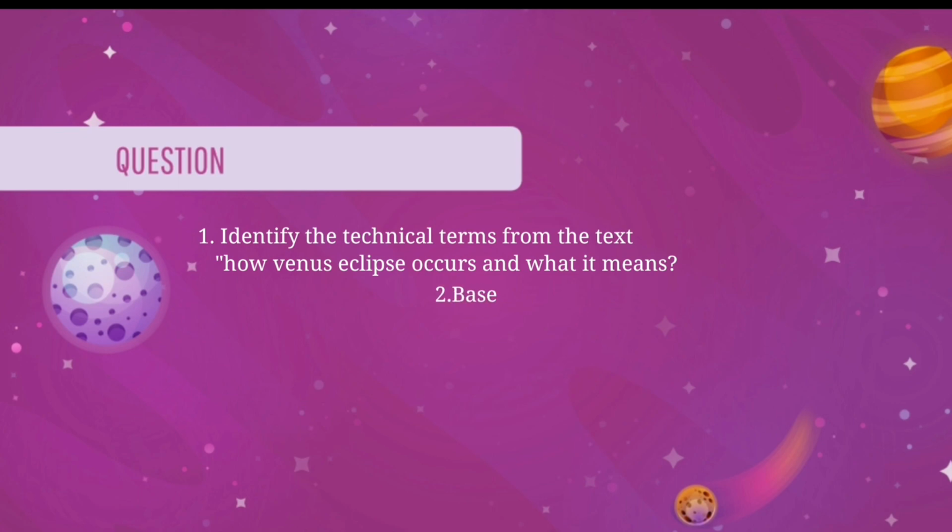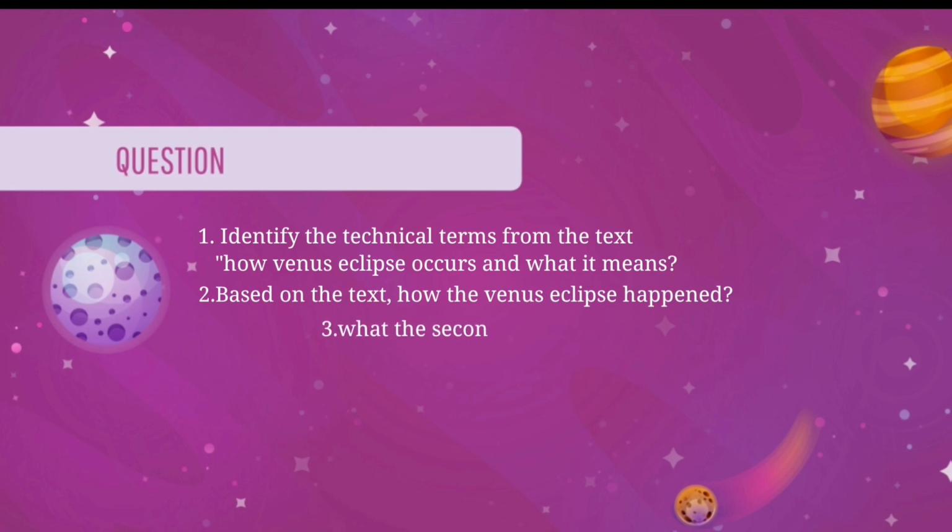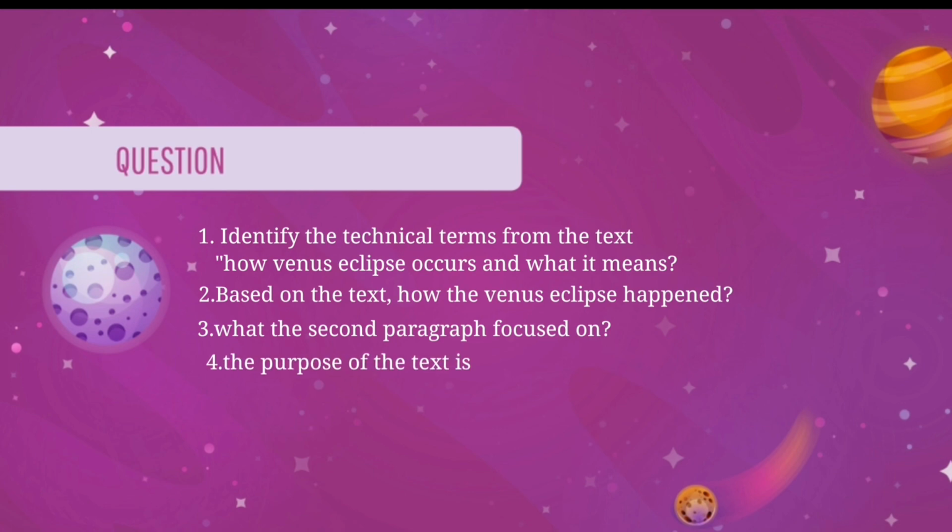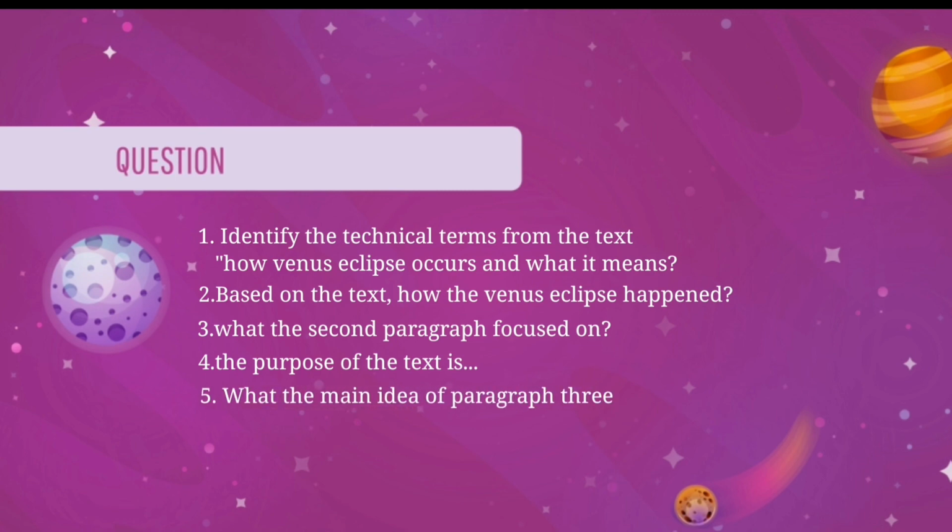Second, based on the text, how did the Venus eclipse happen? The third one, the second paragraph focuses on... 4. The purpose of the text is... 5. What is the main idea of paragraph 3?